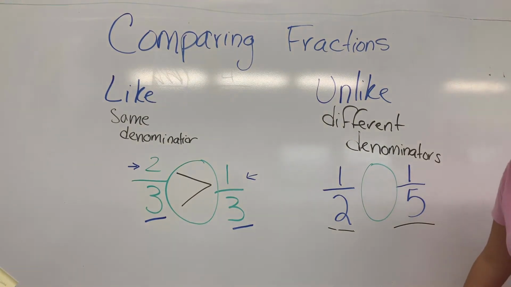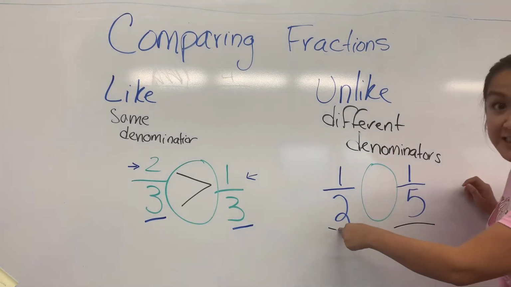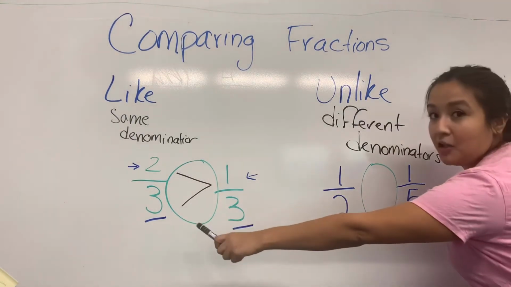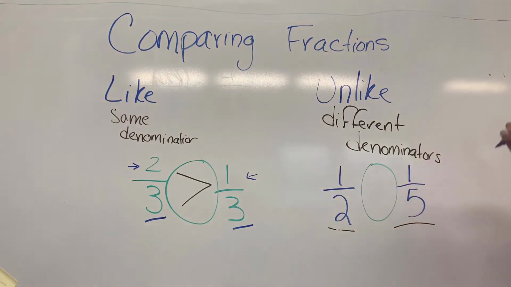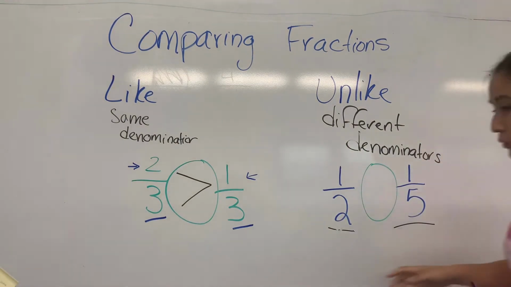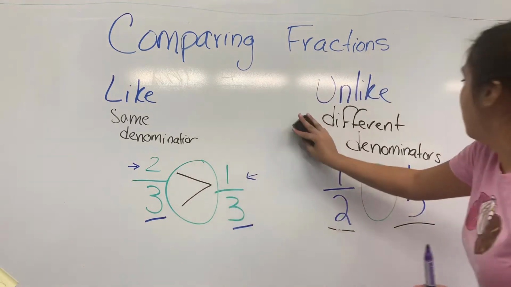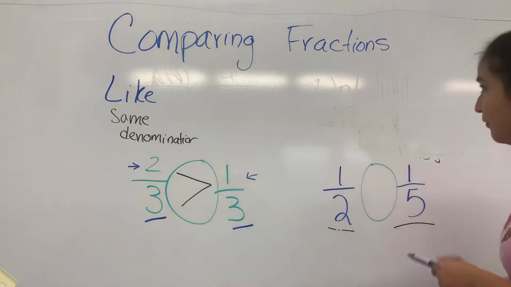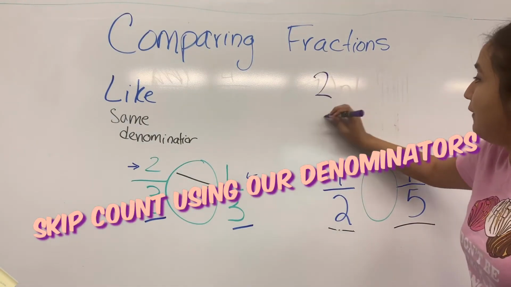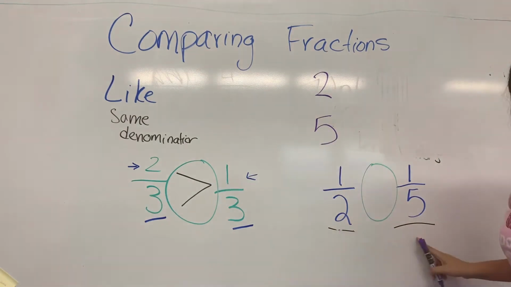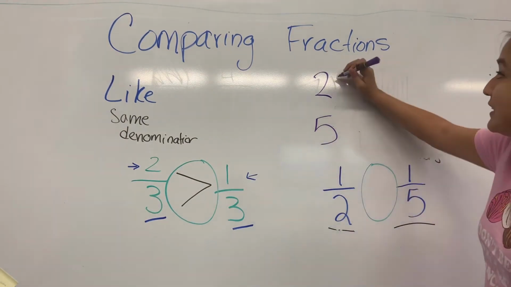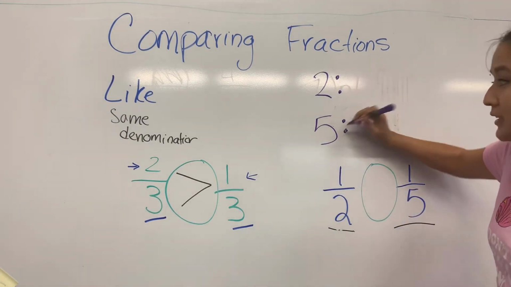Now you're going to say, well, how do I do that? I'm going to show you step by step how to change these denominators so we can start comparing them. First thing you do is erase this, because that's useless right now. 2 and 5, these are my denominators, and I'm going to skip count them.